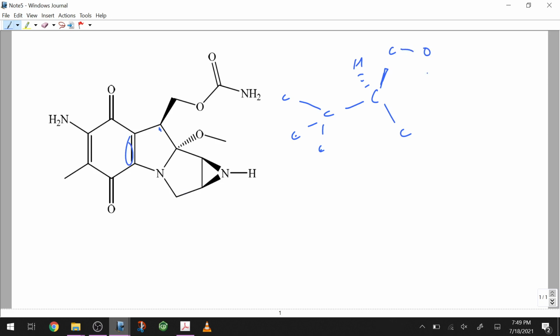That's good, that's high priority. And 2 hydrogens. If we go down, we're looking at now the next atom out there being a nitrogen or an oxygen, or another carbon.